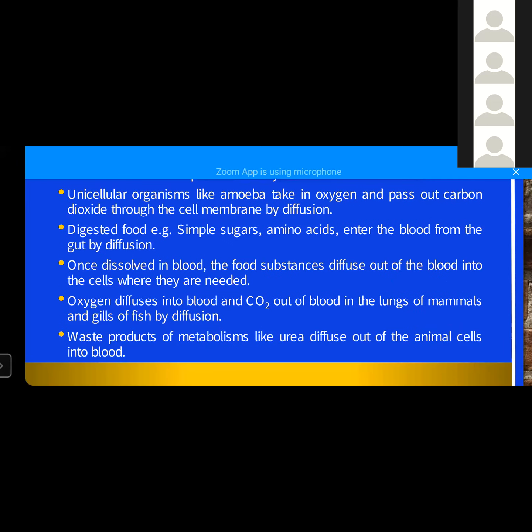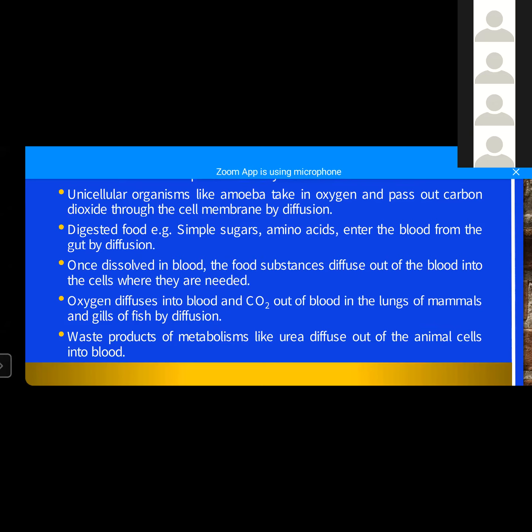Digested food. Where is diffusion used? In human beings, in animals. Digested food, especially the simple sugars, the monosaccharides, and amino acids, enter the bloodstream from the gut, from the ileum, by diffusion.